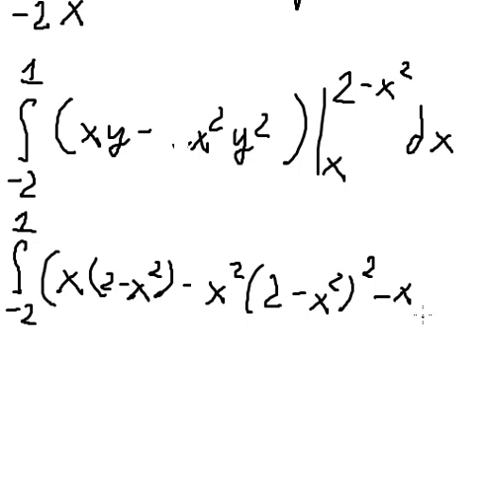So x with x, we have x squared. Negative with negative, you get positive. X we change by y, so you get x squared, we have x to the power of 4. Now we need to expand this one and this one.